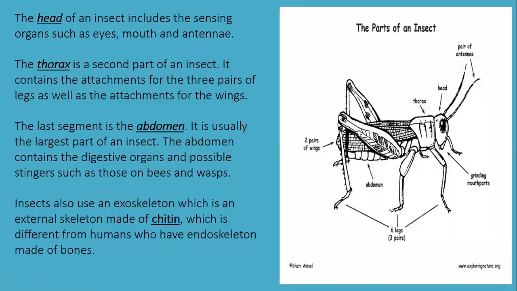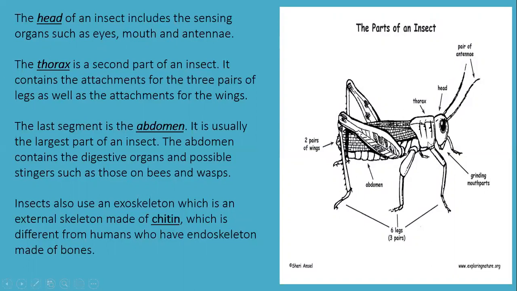Then we have studied the parts of insects. How many parts does an insect have? First of all, we have the head. The head of an insect includes the sensing organs such as eyes, mouth, and antennae. This is the head.